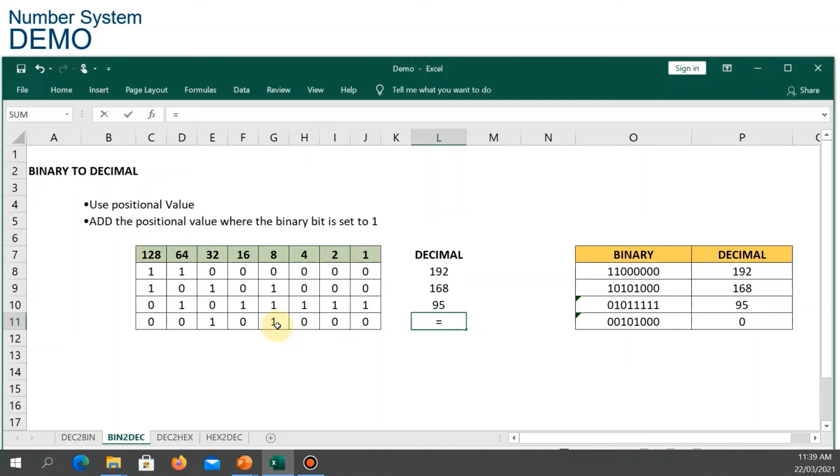So this would be 32 plus 8, and that is 40. Therefore, 00101000 is equal to 40. Again, that's how easy it is to convert binary to decimal.